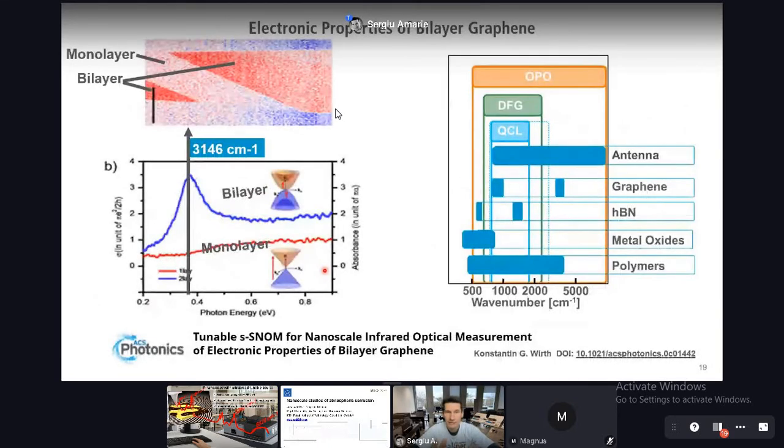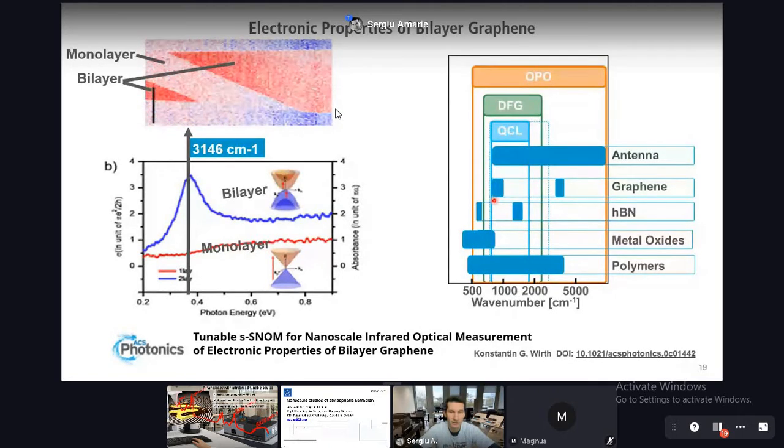In another recent study published this summer by Konstantin Wirth from the group of Thomas Taubner, such an OPIO laser has been used to study the electronic properties of bilayer graphene. Until now, most of the graphene studies were concentrated in the spectral region around 1,000 wave numbers.